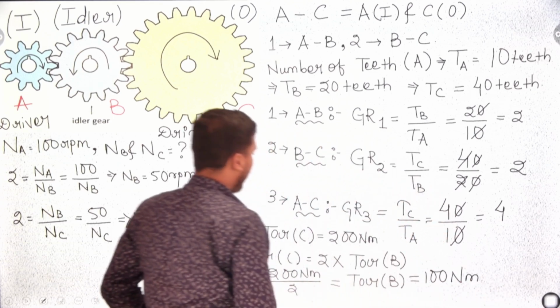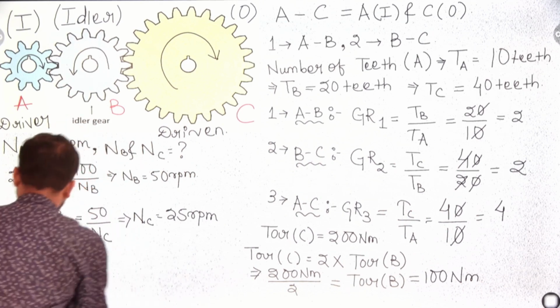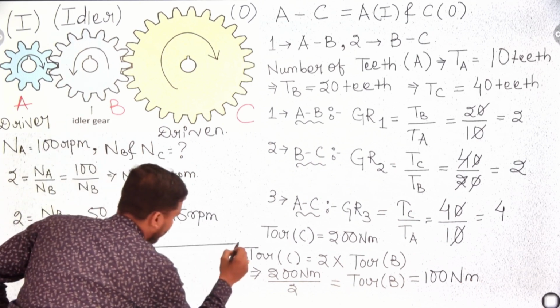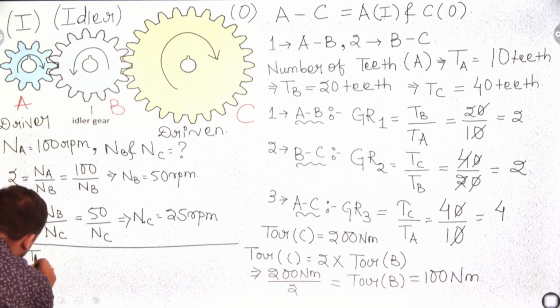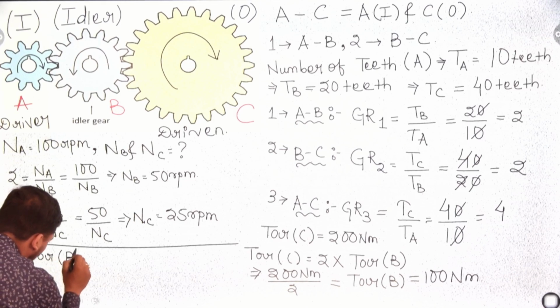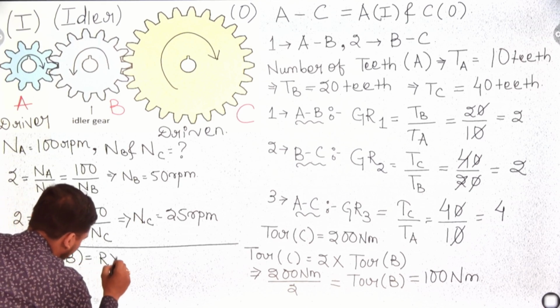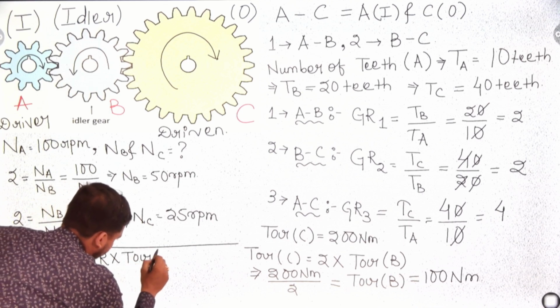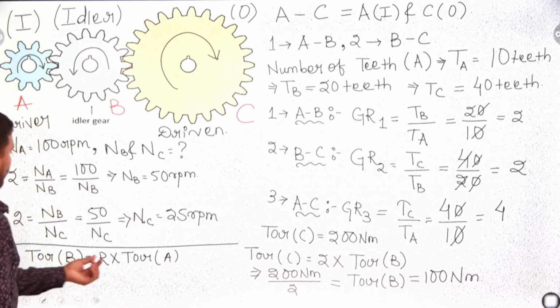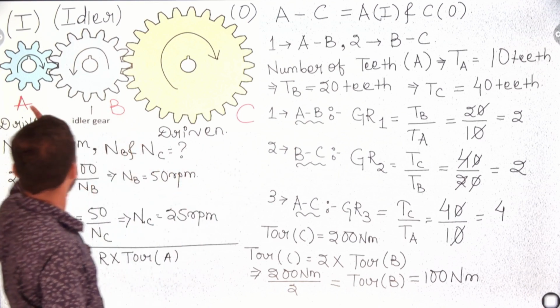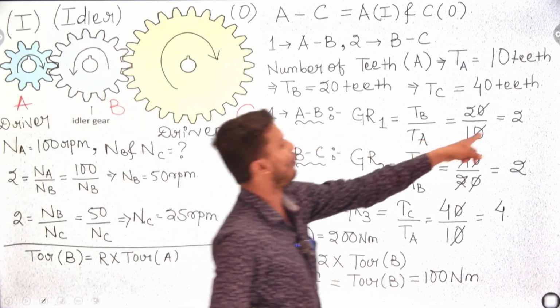Similarly, how do we find the value of torque A? Torque B is equal to R into torque A, from the ratio of AB. In AB, the gear ratio is also 2.